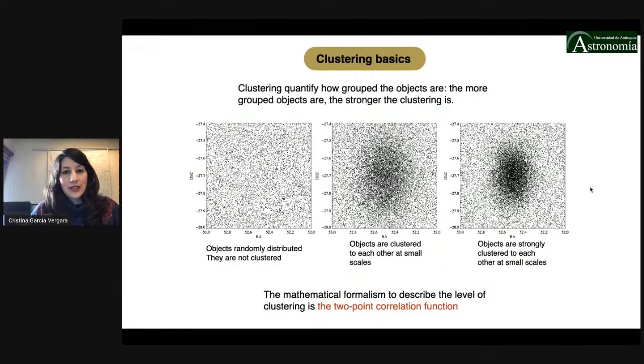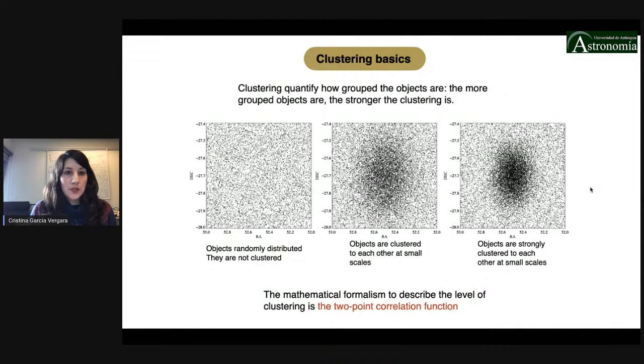Okay, so the second lecture starts here, basically. Just to define clustering, clustering is a quantity to quantify how grouped the objects are in space.